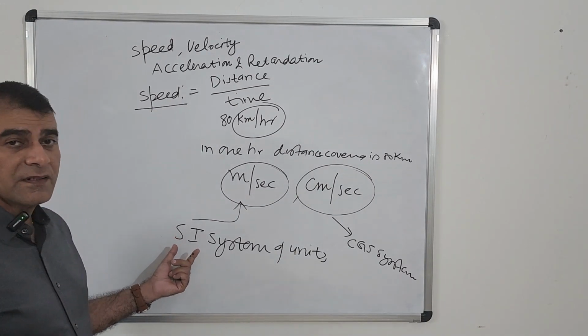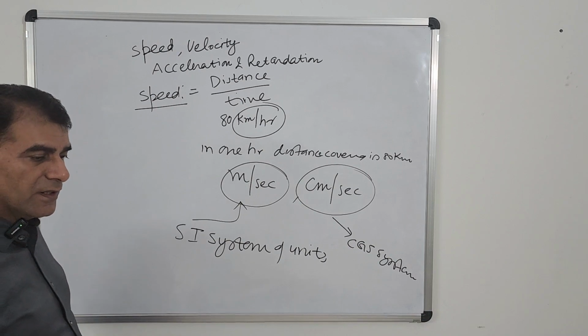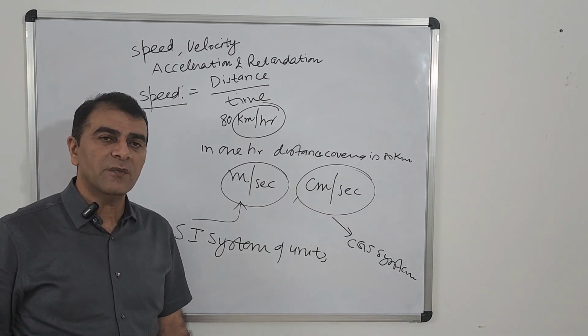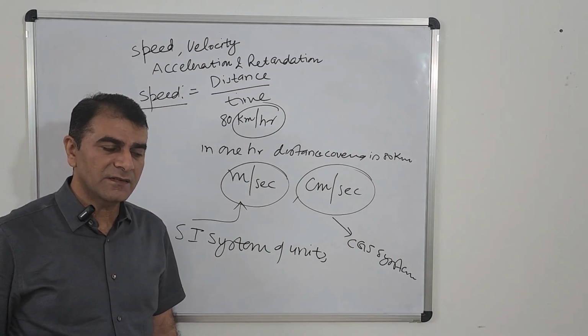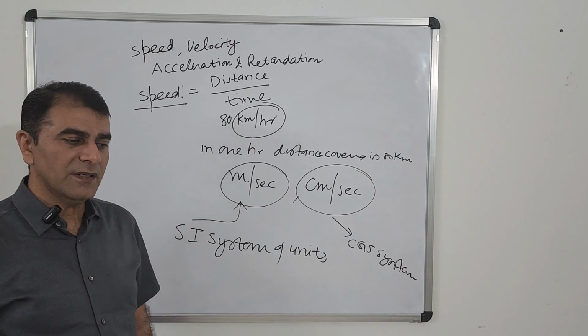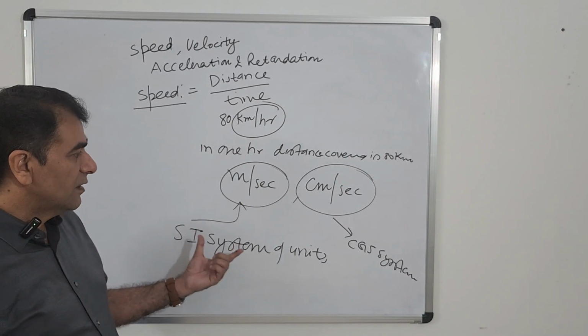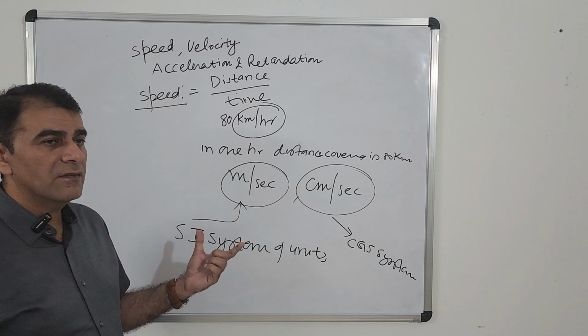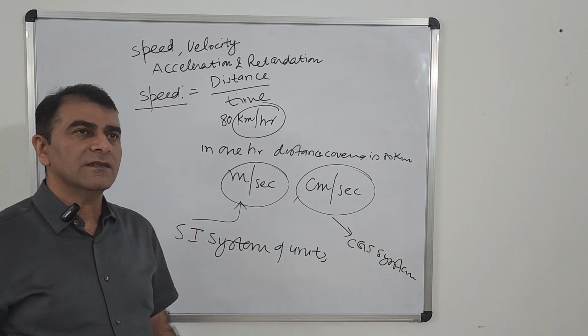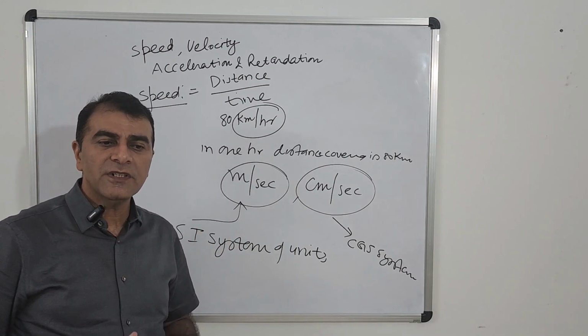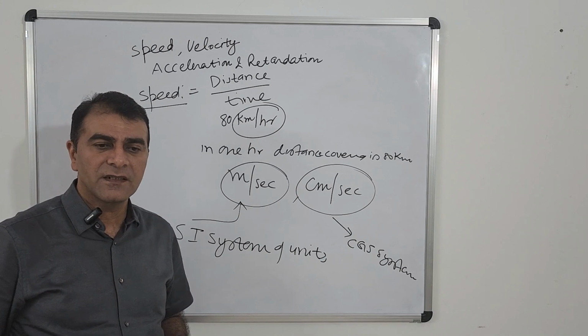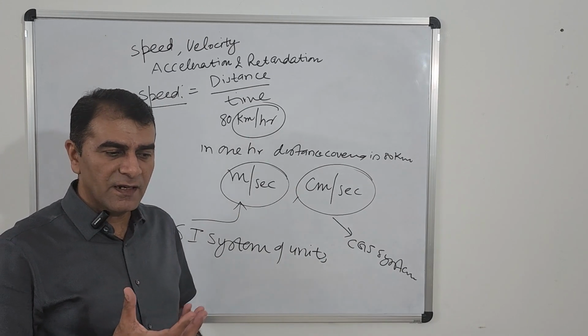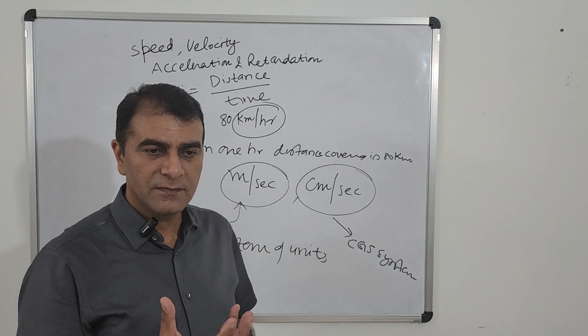SI is the international system. Actually, there is a conference on weight and measure in Paris, France, and there is a department. They define the units, right? Whenever you go to 11th class, you will learn how the standards are defined. You cannot just say that this is 1 kilogram.